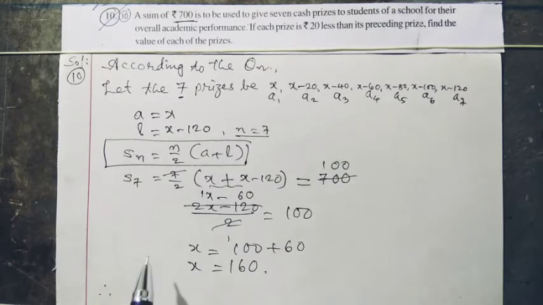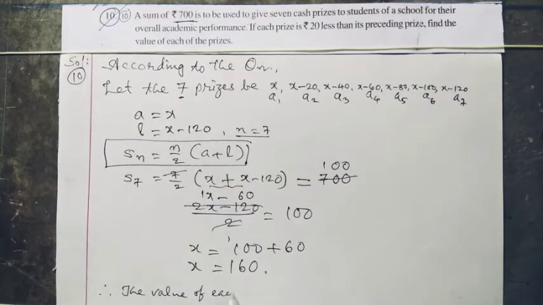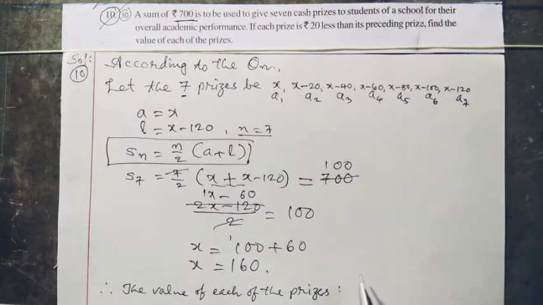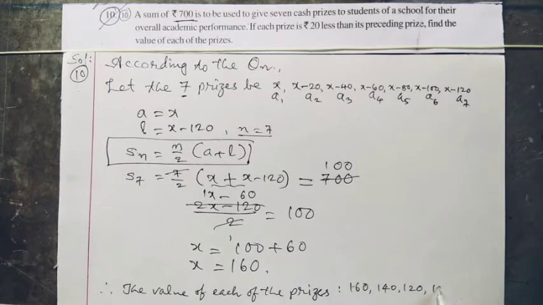Therefore, the value of each of the prizes is 160, 140, 120, 100, 80, 60, 40, that is prizes 1, 2, 3, 4, 5, 6, 7.